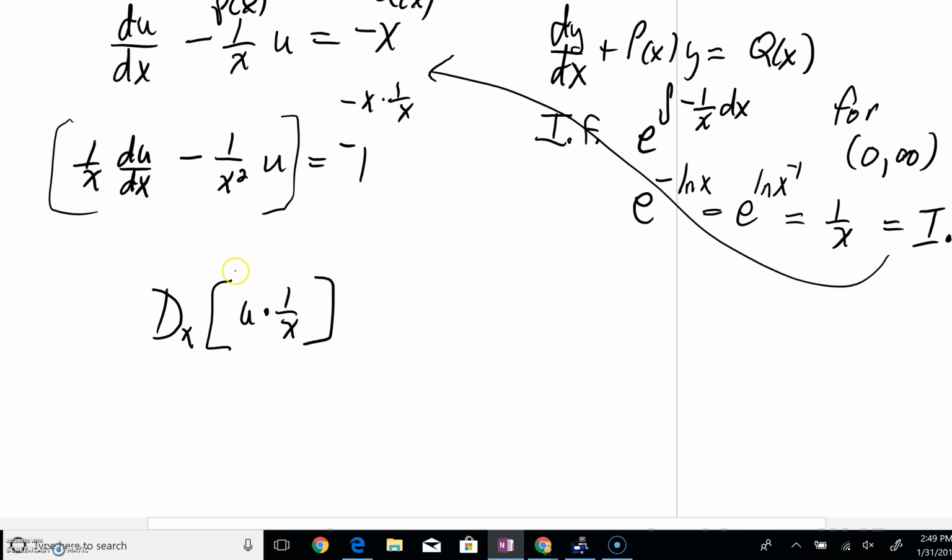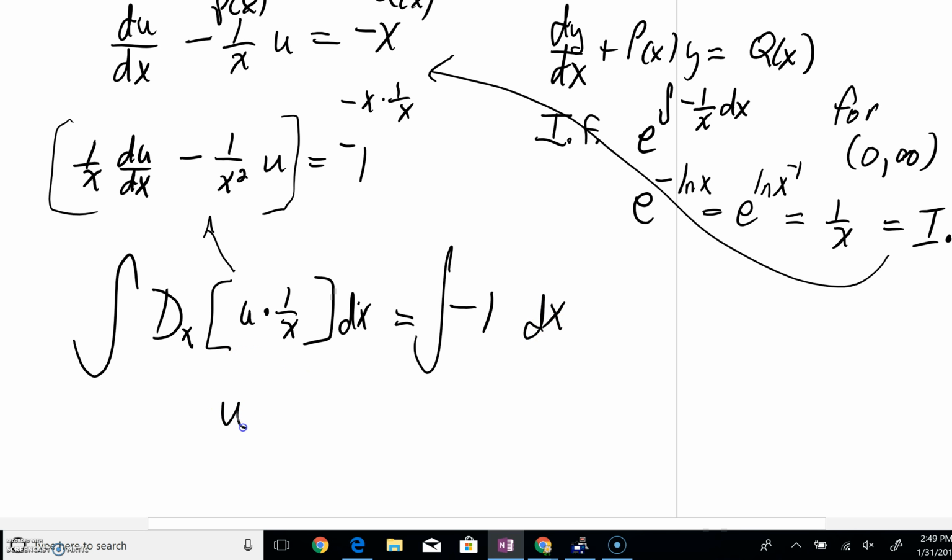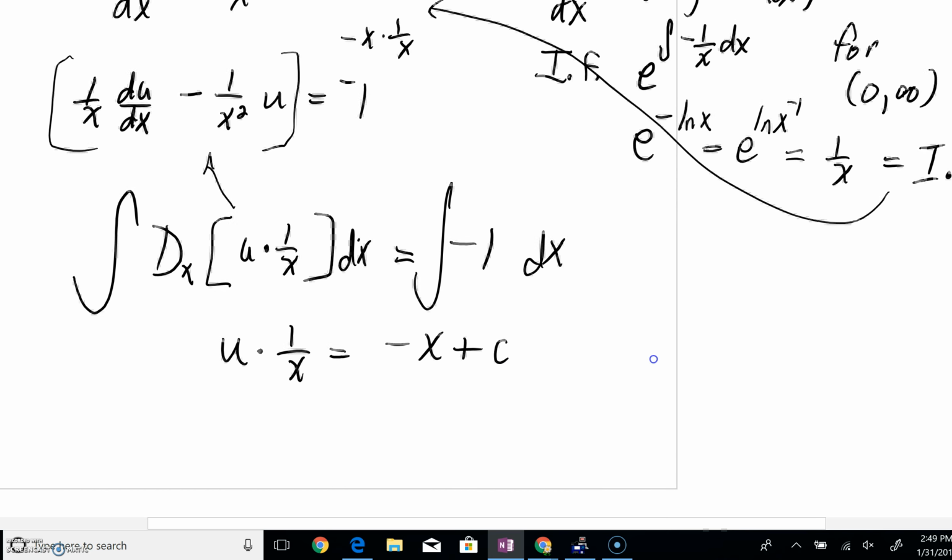Work out the product rule, and you'll see that square bracket right there. Now what? We're going to integrate with respect to x. And nicely, we'll just have u times 1 over x. On this right side, we'll have negative x plus a constant.